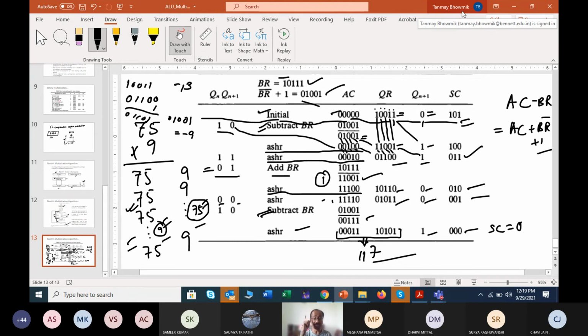So another thing you should notice, I just forgot to mention that I told you that just keep the higher number in your multiplicand and the lower number in your multiplier, right? So you can think, or you can check here, we keep this 10011. This is minus 13, right? We just calculated minus 13. So you can see that minus 13 have been kept as multiplier and minus 9 has been kept as multiplicand.